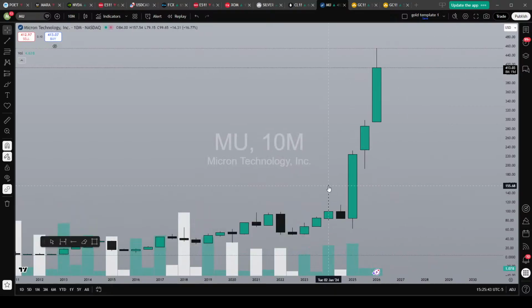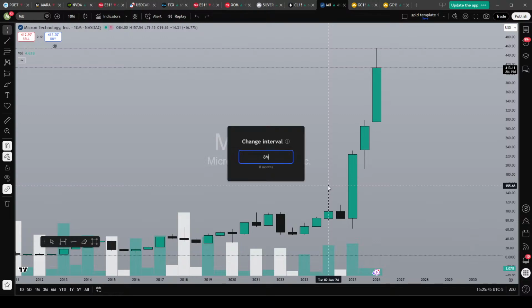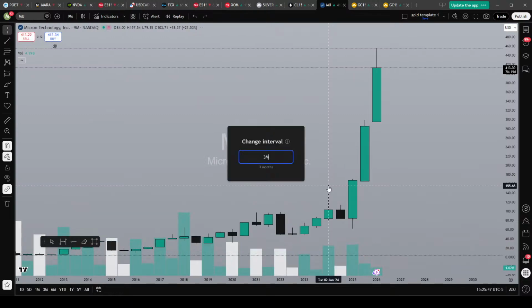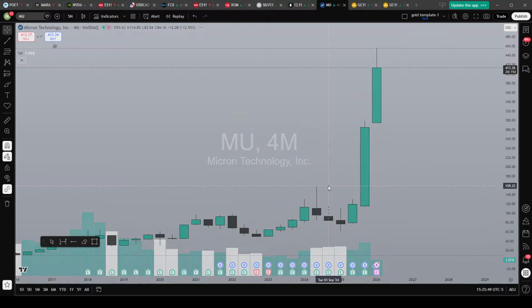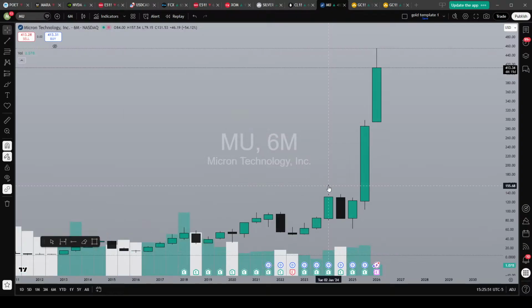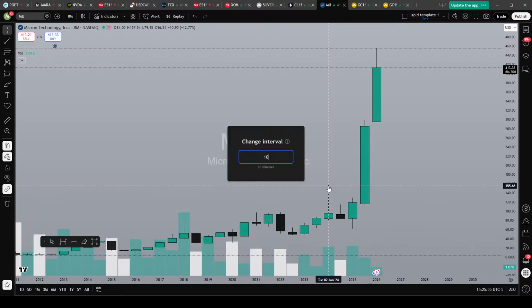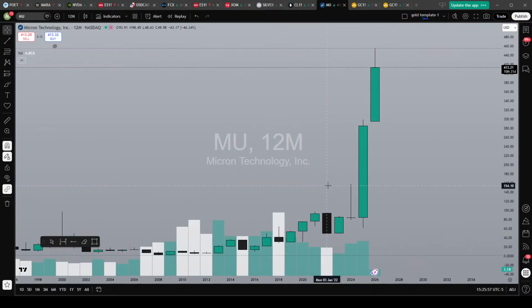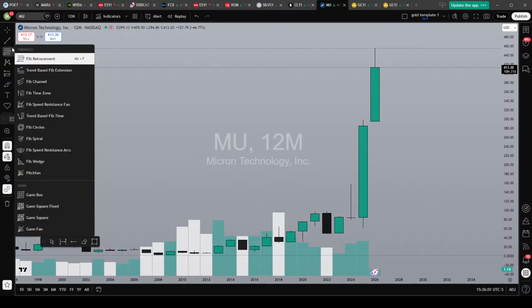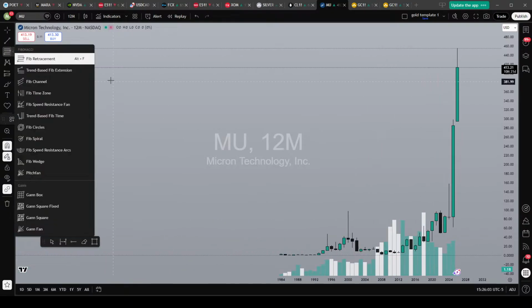Anyway, on MU, we mostly looked at the 11-month chart in the past, but this has just been an ongoing continuation type play, especially when looking at the overall range.